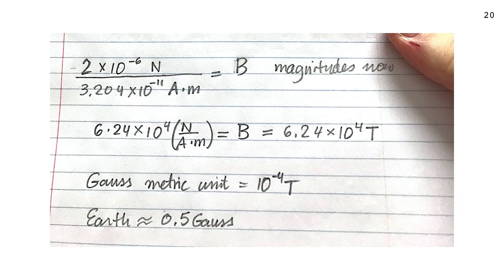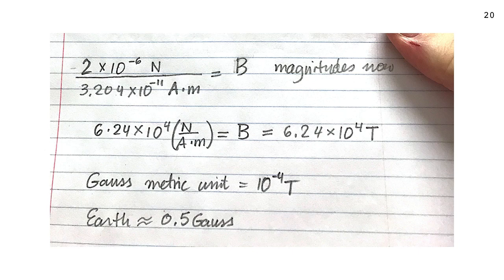So let's do this calculation. What's 2 times 10 to the minus 6? What's 2 divided by 3.204? It's about 0.7, 0.6 something.